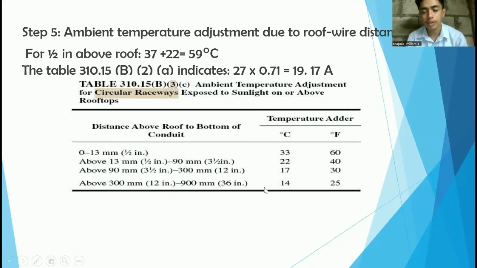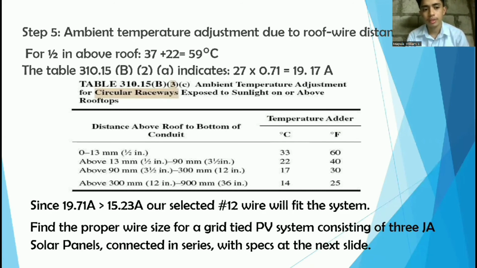Kaya yung panibagong temperature natin, magdadagdag tayo ng 22 degrees Celsius. Pa-plus natin siya sa 37 na ambient sa Philippines. Kaya meron tayong 59 degrees Celsius. Since 19.71 amperes is greater than 15.23 amperes, our selected number 12 wire will fit the system.